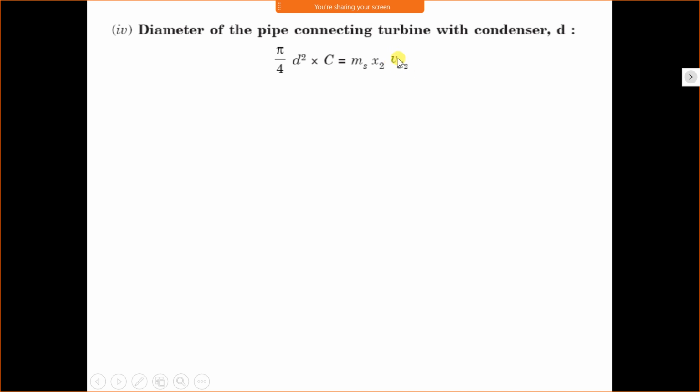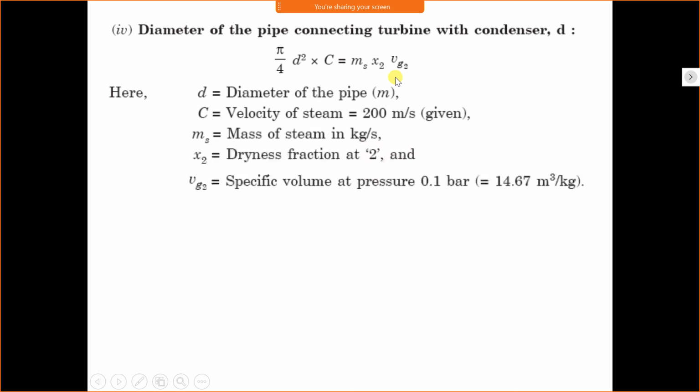Specific volume of steam coming out of the turbine. But steam coming out of the turbine is wet. Therefore, we multiply that specific volume by x, and we know the value of x, that is 0.9. Here the velocity is given, mass of steam is known to us, that is 10,000 kg per hour, x2 is given, and Vg we will take at point 2 from the steam table.